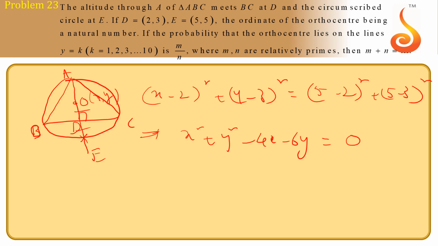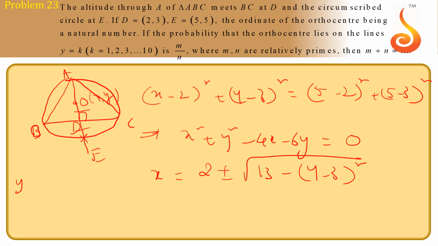Then if you see this as a quadratic equation in x, that value of x you can write as 2 plus or minus under root of 13 minus (y minus 3) whole square. I am expressing it like this because we know the ordinate of the orthocenter is a natural number.